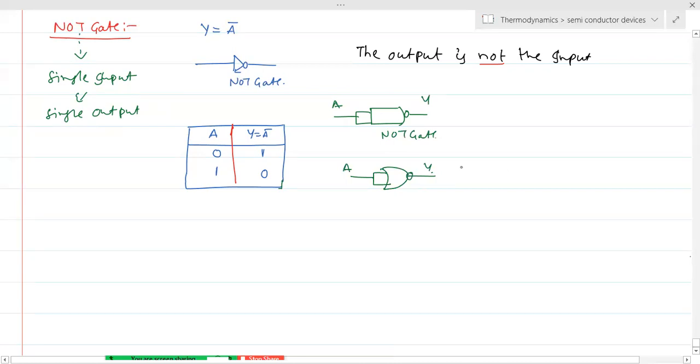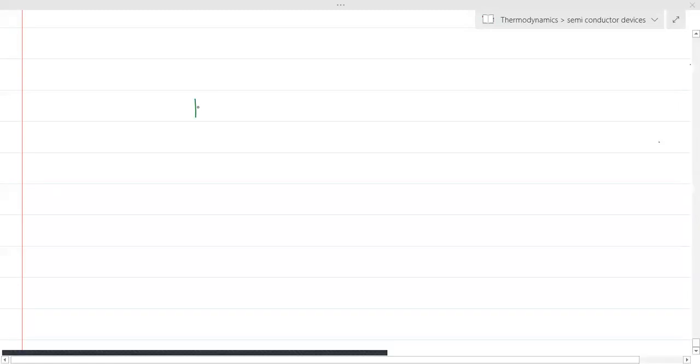So that's why we will take a transistor. Now we will take the representation of a NOT gate by using a transistor. For example, I'm taking this as a transistor, with emitter, this will be base and this will be collector.